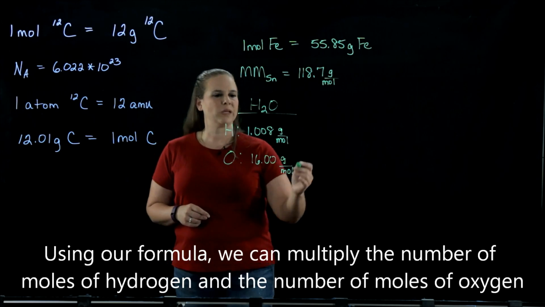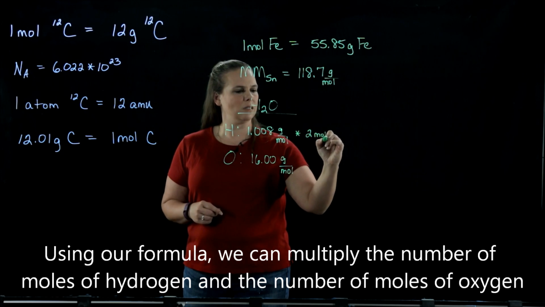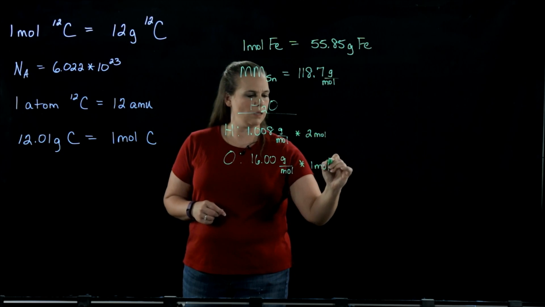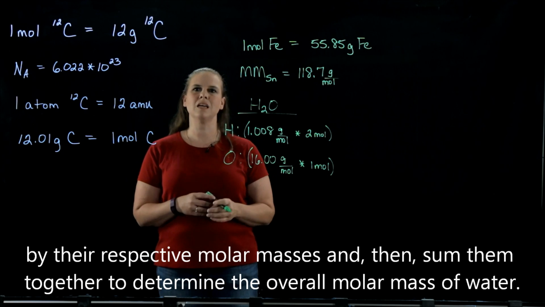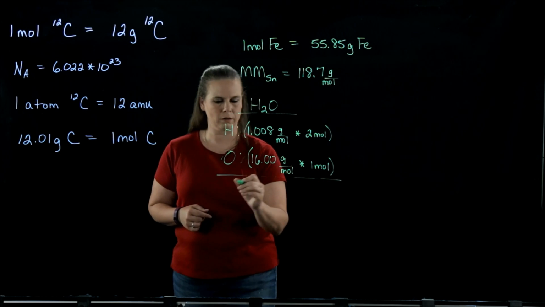Using our formula, we can multiply the number of moles of hydrogen and the number of moles of oxygen by their respective molar masses, and then sum them together to determine the overall molar mass of water.